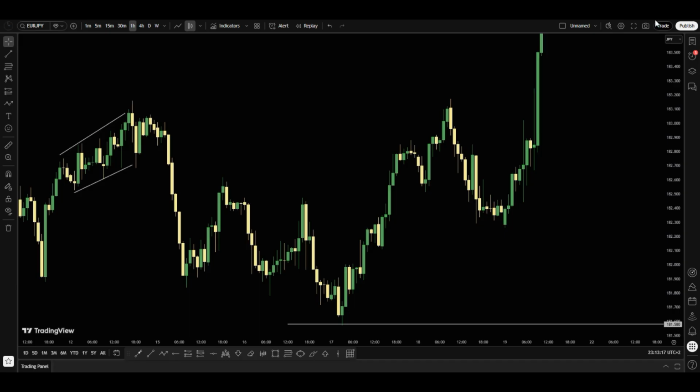Yeah, so let's focus on the highlighted area. Okay, so here was our impulse. Here was our first impulse, then created this high, then went back to create a low, then went back to create a high over here, then came back to create a low.